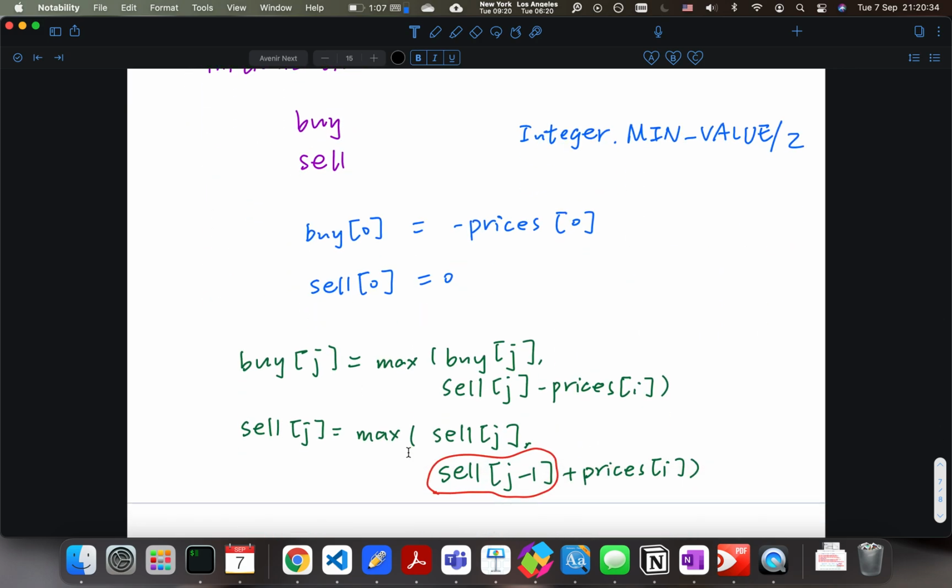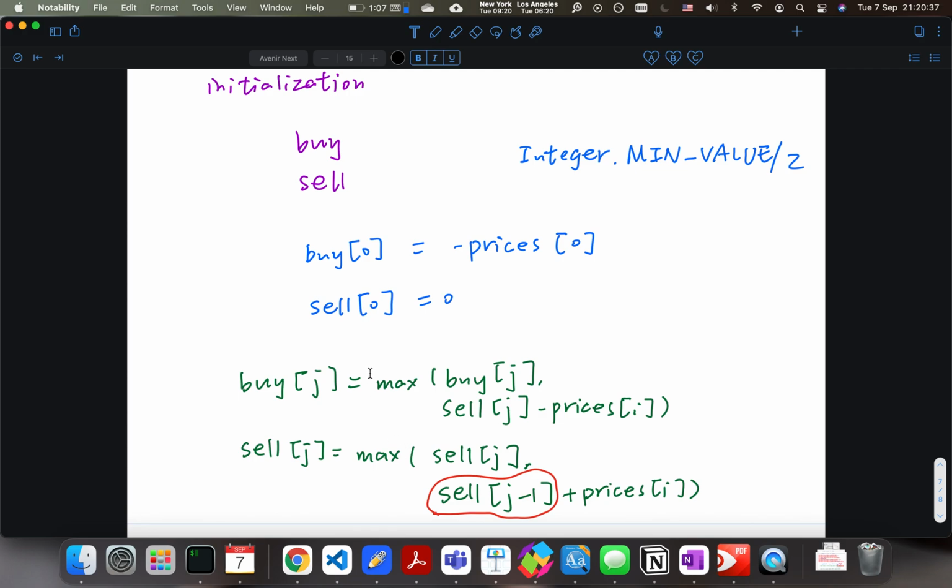How about the transition function? We iterate I from 1 to n, just like previous questions. Within each I, we need to update buy j and sell j, with j from 1 to k. The same as the previous questions, we update buy j equal to max of buy j or sell j minus prices I. You may wonder why it's still sell j, not buy j, because owning is not a new transaction, selling is treated as a transaction.